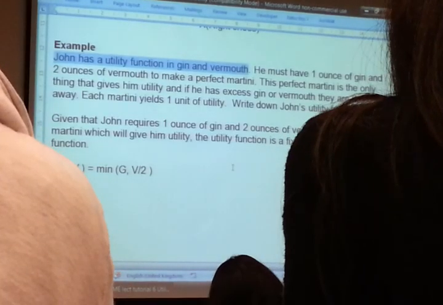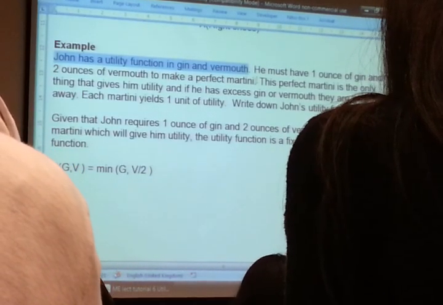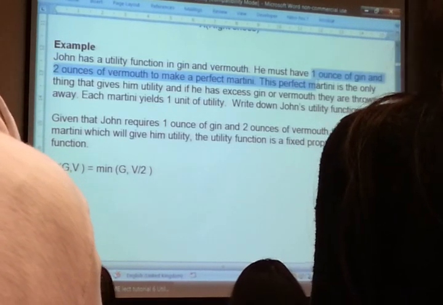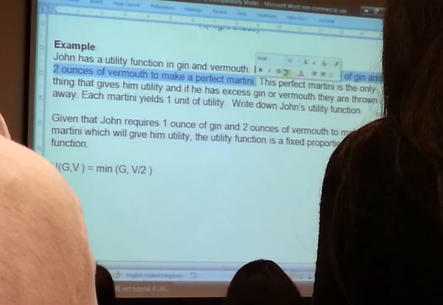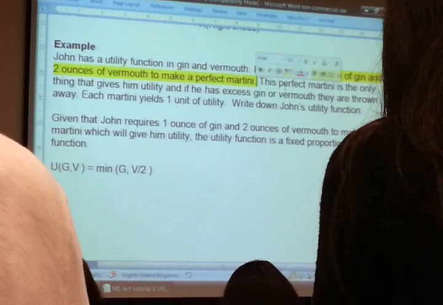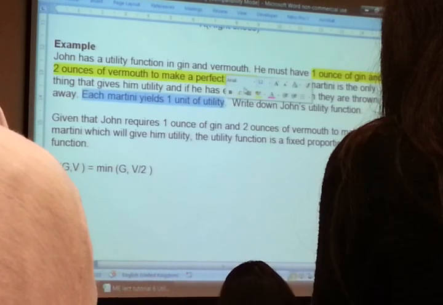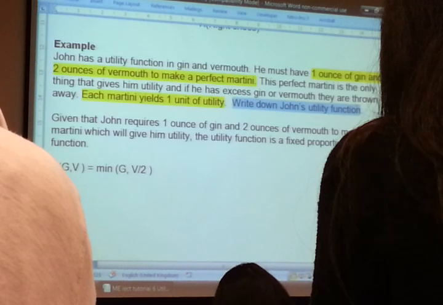So the things are not called x and y. They are called gin and vermouth. Now, you must have 1 ounce of gin and 2 ounces of vermouth to make a perfect martini. Each martini gives him 1 unit of utility.